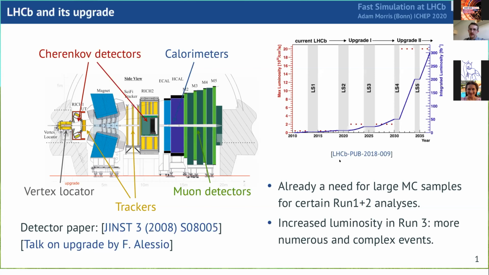And in run 3 and onwards, we have an increase in the luminosity, which means that there are more numerous and complex events. Therefore, fast simulation options which produce more events with less resources are absolutely necessary.